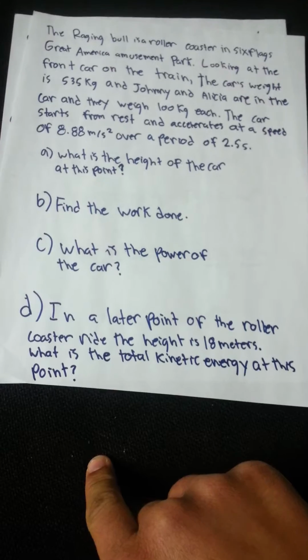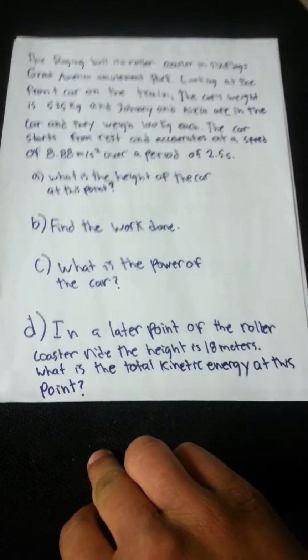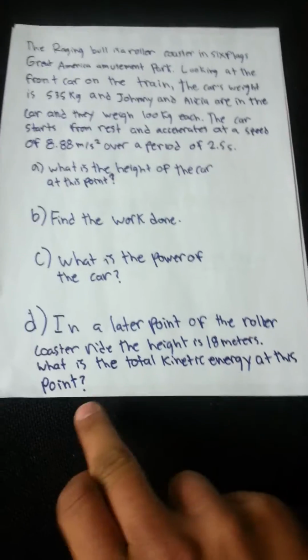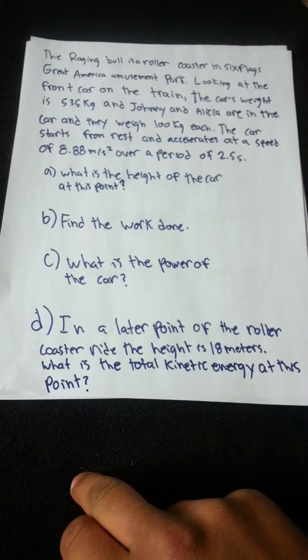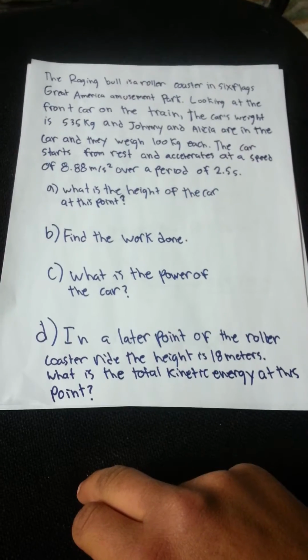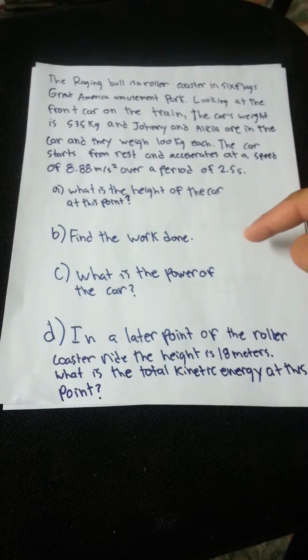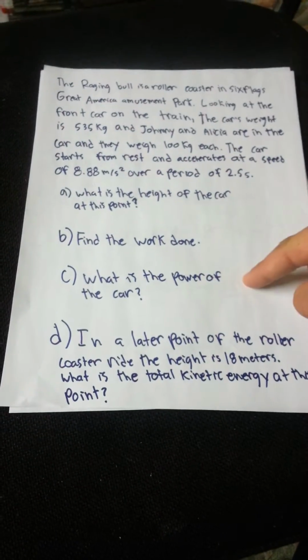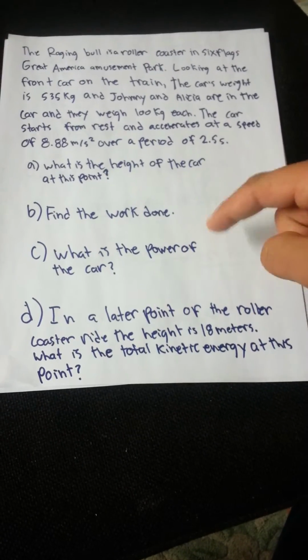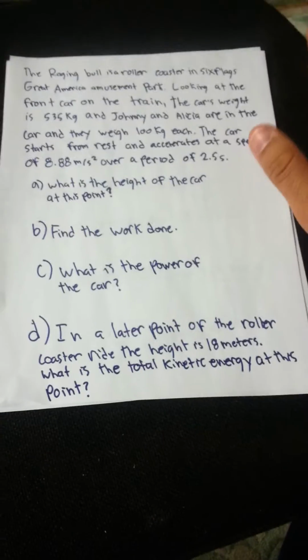Once we solved for velocity, we could put it into the half mv squared equation, and then we found out what the kinetic energy was at this point. So this question is a total out of 7 marks.